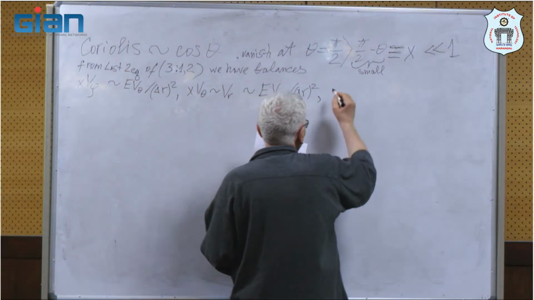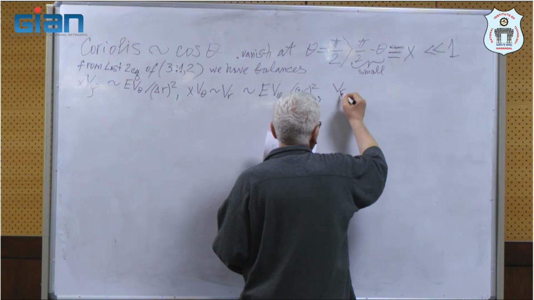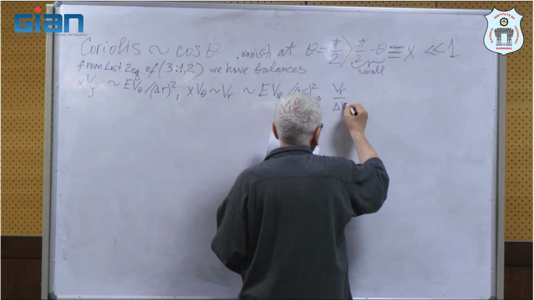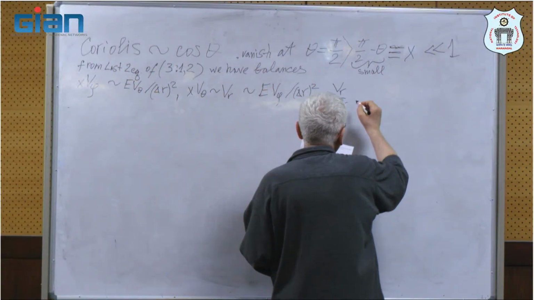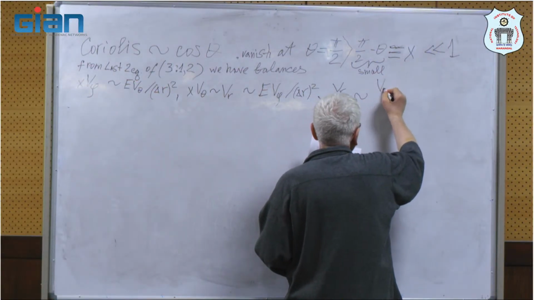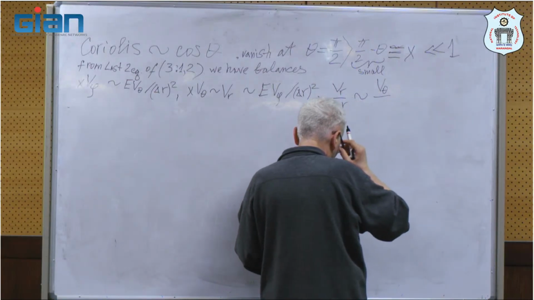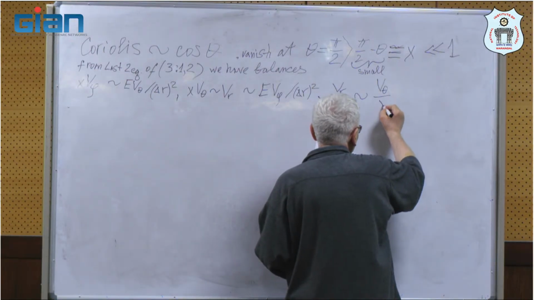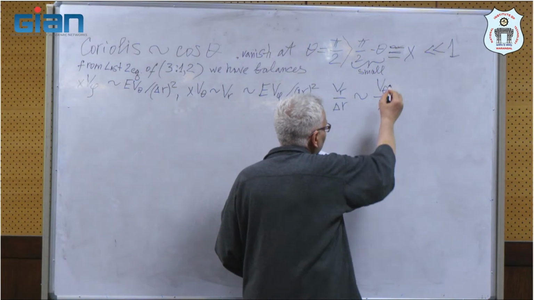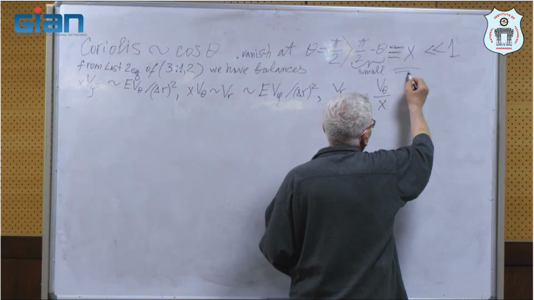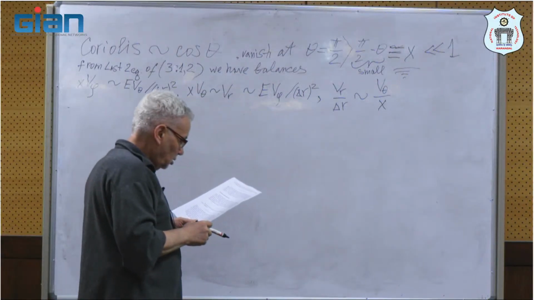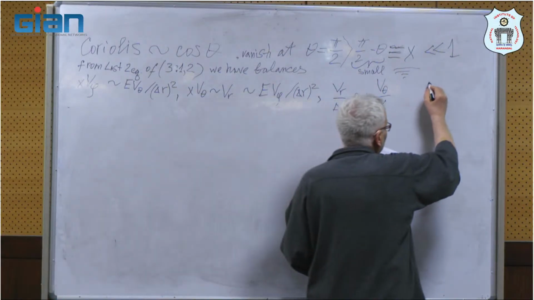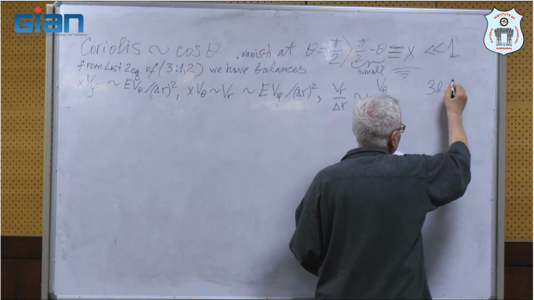Then there is, let's put it like this, delta R proportional to V theta over x, where x is this variable. Okay, this is formula 3b6.